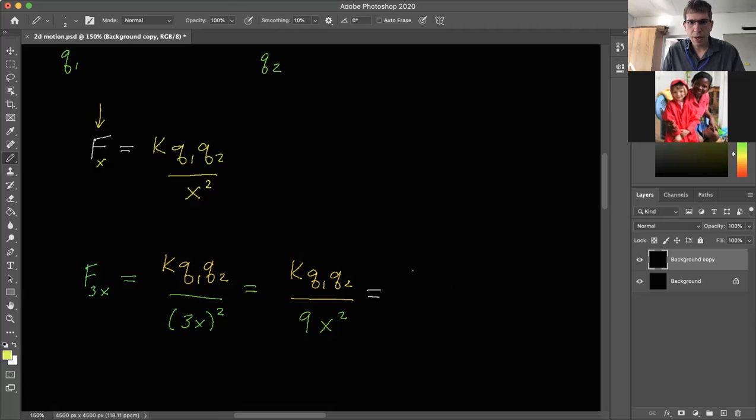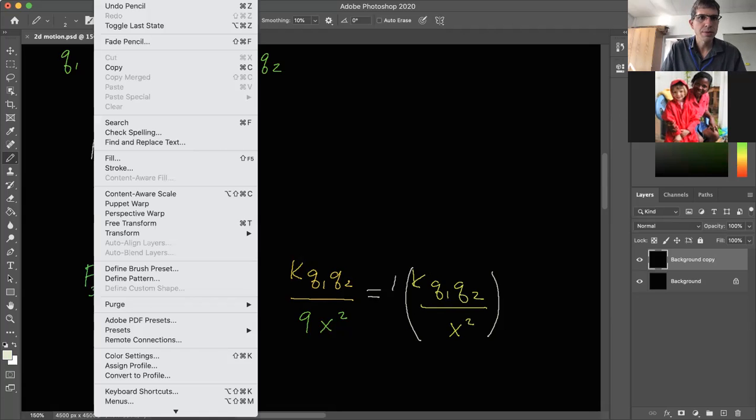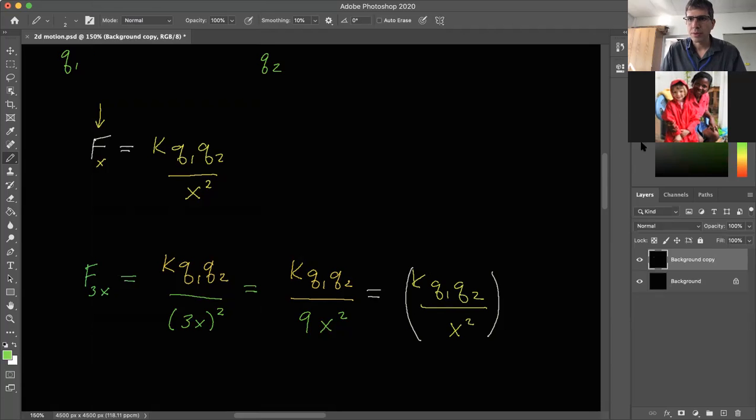You get K Q1 Q2 divided by X squared, and on the outside, if you do some algebraic manipulation, you get 1/9, which is this term right here. So all I'm really doing is factoring that term out.